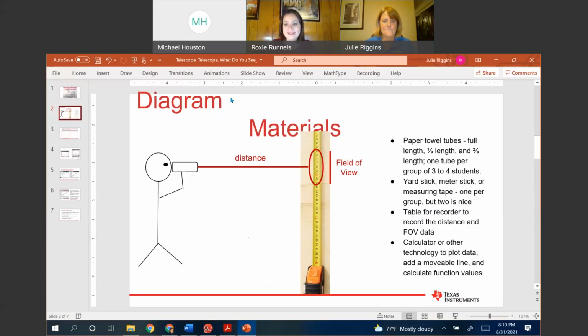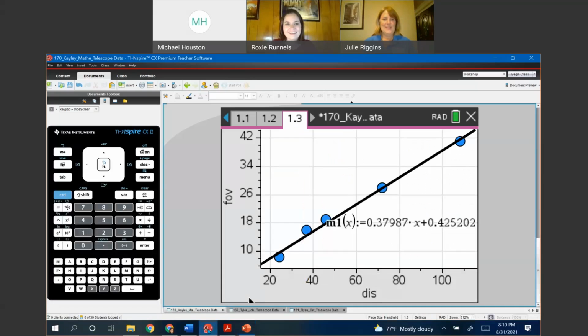Someone said the diameter of the tube. Nice, very good. So if the distance is 0, if I were to put a 0 in for x, where x represents my distance, then I want the output, or the field of view, to be the diameter of this tube, which is about 1.5, maybe a little bit larger than 1.5 inches.